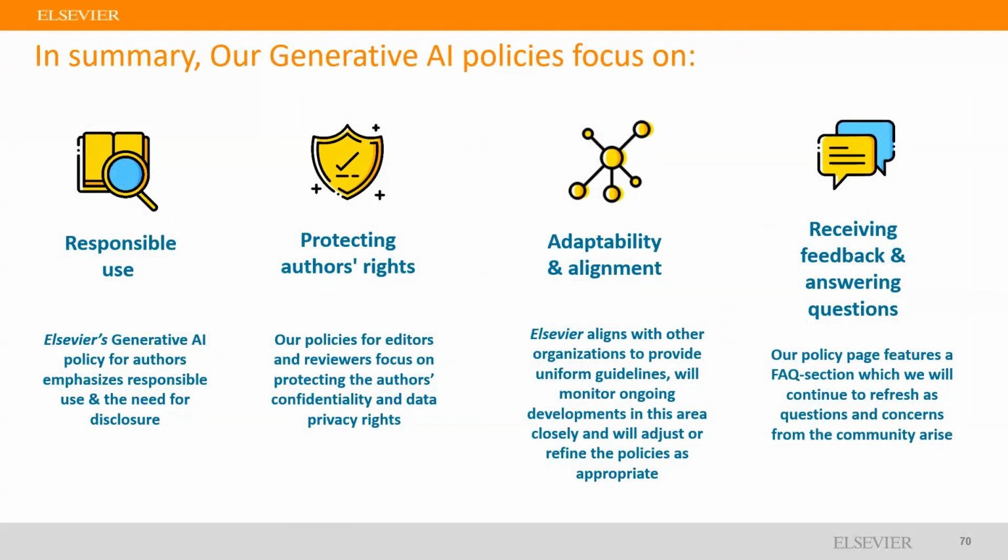Elsevier is watching this space continuously and aligning its policies and guidelines with other STM organizations around the world. If you click on our policy page, there's more Q&A available, because there's a lot to cover there. And there's also a way to raise additional questions and concerns that you may have, because we're learning as we go along, and your input is therefore extremely valuable.